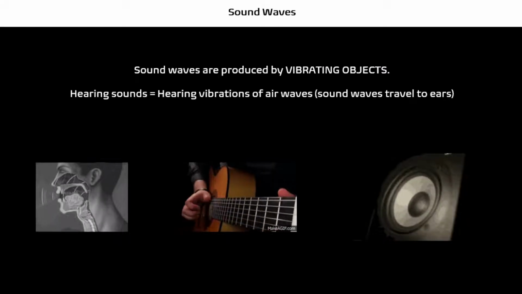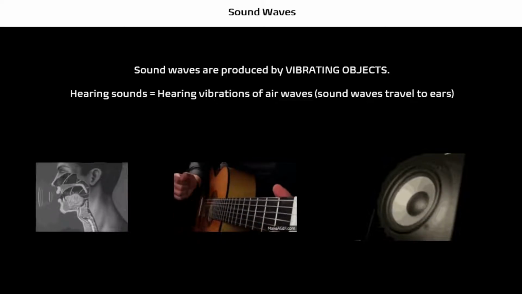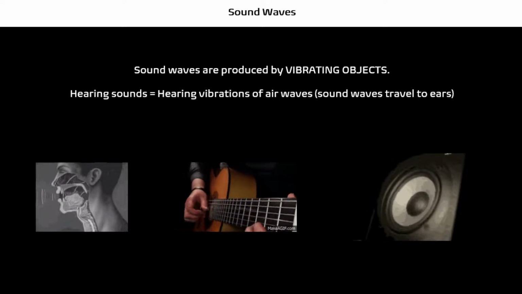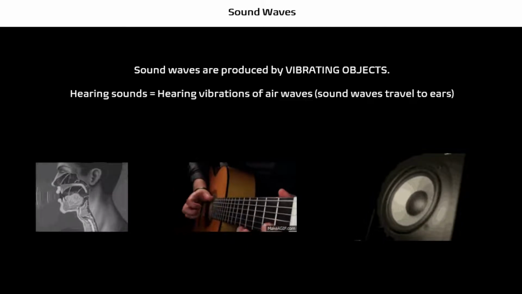Now sound waves, okay, so sound waves are always produced by vibrating objects, which means that if we hear any sound at all, we are always hearing the vibrations of air waves around us, okay?